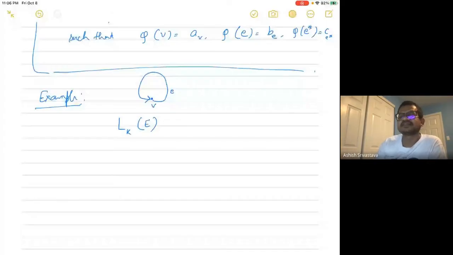So we have a vertex v and we have an edge e connecting v to v itself. Of course, then the ghost edge will also connect v to v. Can anyone in the audience tell me what the Leavitt path algebra of this directed graph will be?